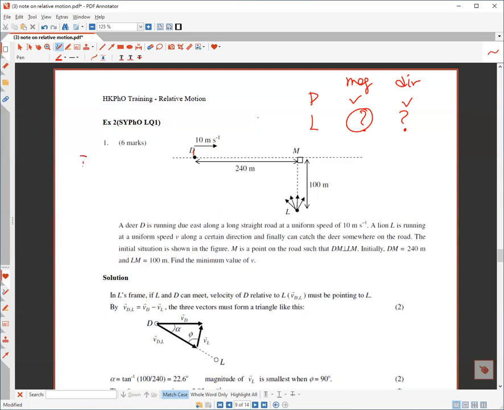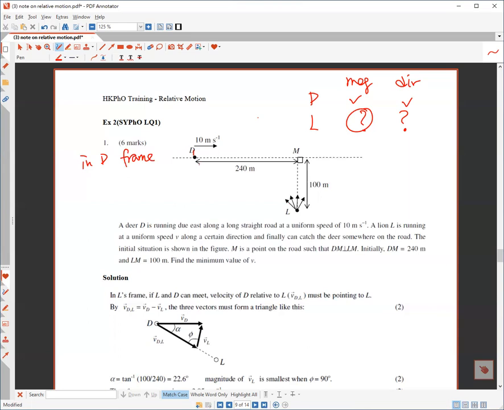In the deer's frame, the deer itself does not move. Only the lion moves.